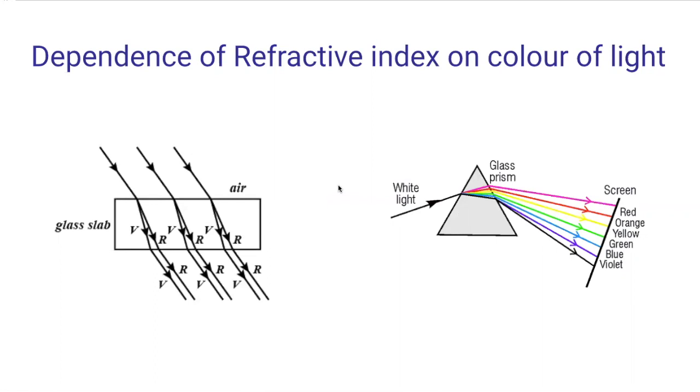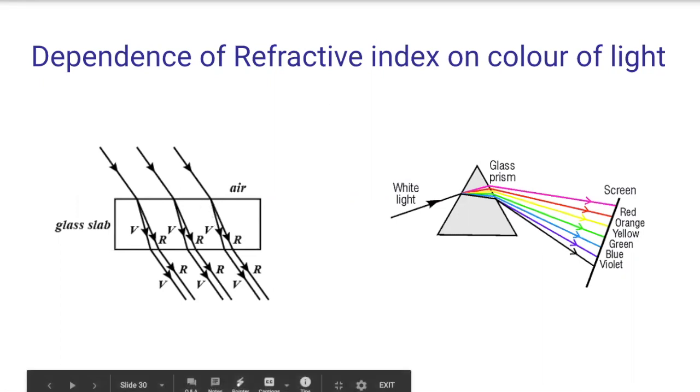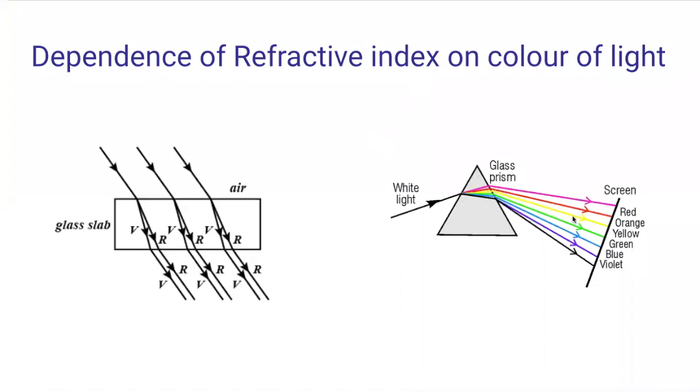Now you should get this doubt. In the glass slab also we sent white light only, but how come it did not separate? I'll tell you. I have told you that if all the colors are parallel to each other and they come together, then we feel like they are white color. Because these surfaces are parallel, the light does not change direction.